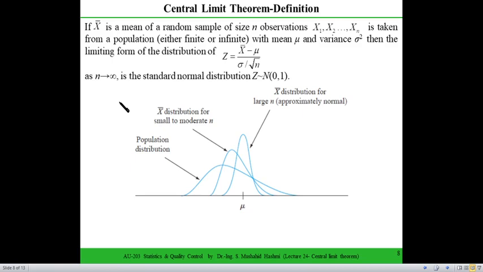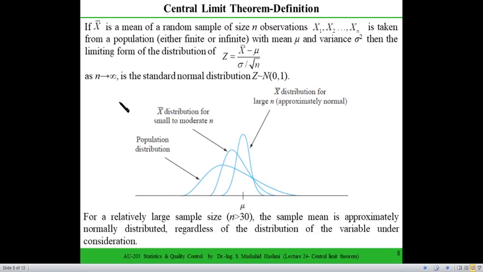So the central limit theorem allows you, whatever the population distribution is, if you take the sample means and your sample size is large, then your sampling distribution would be a normal distribution. And what do you mean by large?